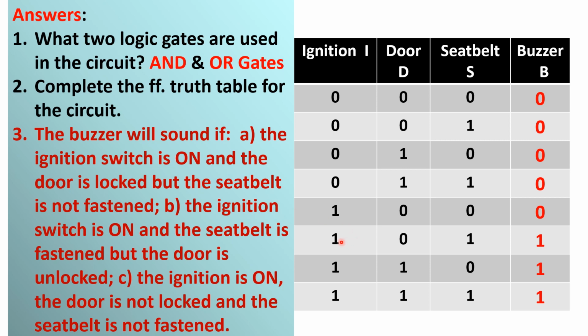So that's indicated by the first condition here. When you say the ignition switch is on, that means the I is at logic 1. The door is locked, therefore the door switch is at logic 0.